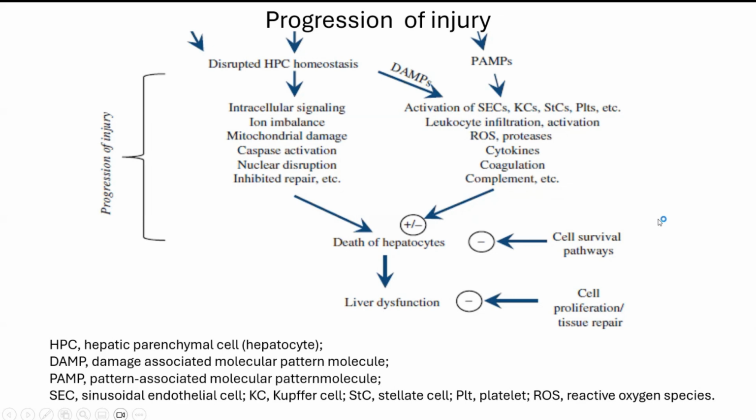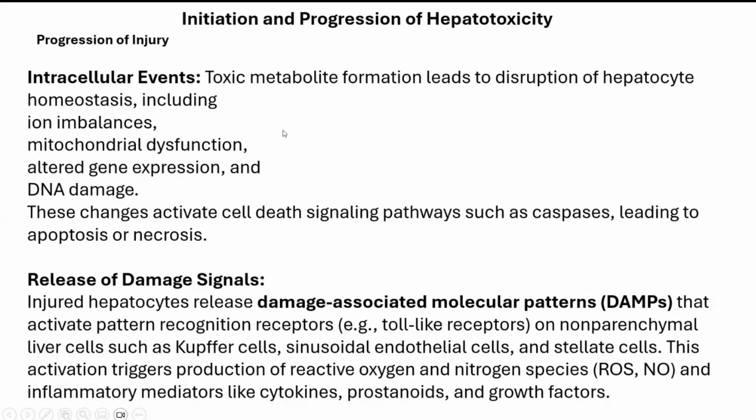So again, explained here, intracellular events: toxic metabolite formation leads to disruption of hepatocyte homeostasis, including ion imbalance, mitochondrial dysfunction, altered gene expression, and DNA damage. These changes activate cell death signaling pathways such as caspases, leading to apoptosis or necrosis.